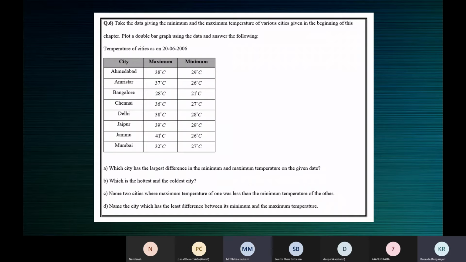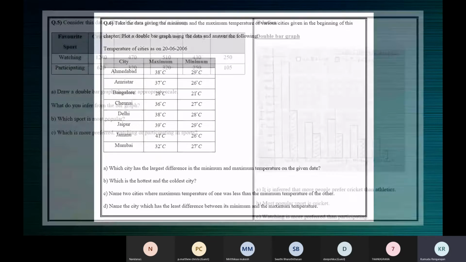Yeah, it can be 5. Don't you think 5 will be ideal, children? Because just use your fingers: 5, 10, 15, 20, 25, 30, 35, 40. There is 41 also. So you will take about 8 centimeters. That'll be an ideal height.